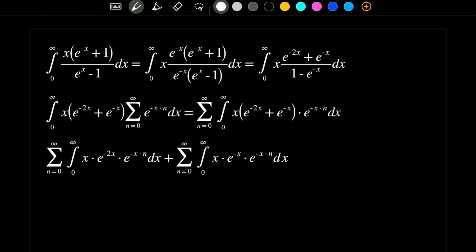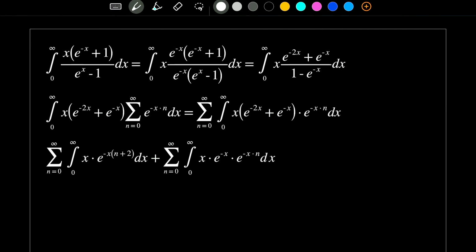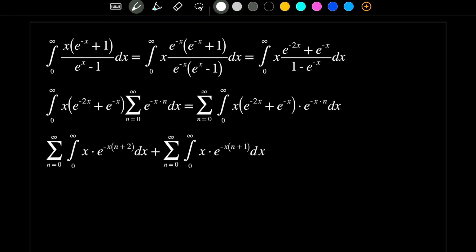But before we do any of that, we can actually combine these powers of e. So this part we can write as e to the power of minus x times n plus 2. That's just power rules, and in this case we can write e to the power of minus x times n plus 1. So now we're going to change our summation a little bit. Notice that if n equals 0 on this first integral, we're going to get e to the power of minus x times 2.